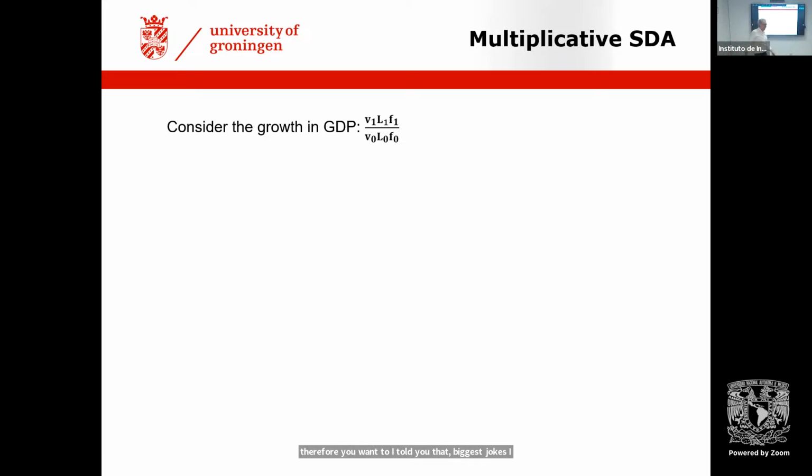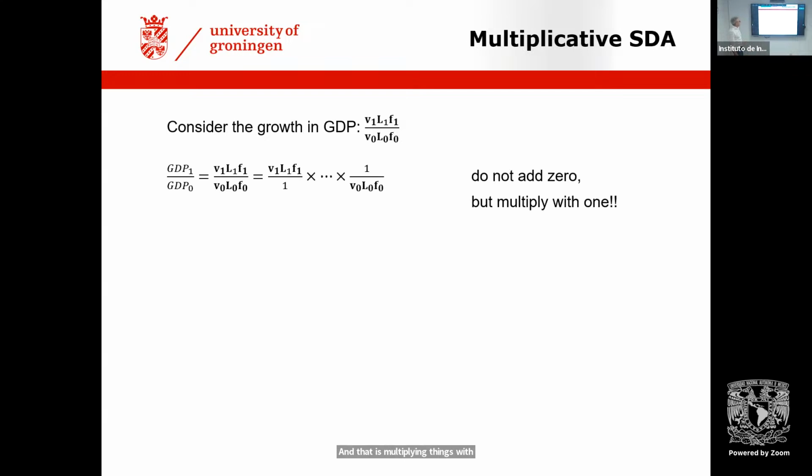Here, I don't need to add a zero, but I need the multiplicative same kind of thing, and that is multiplying things with 1. That is the same thing. So, you know, a 0 multiplied by 1. So I start here in the numerator, and V0, L0, F0 is somewhere over there in the denominator.